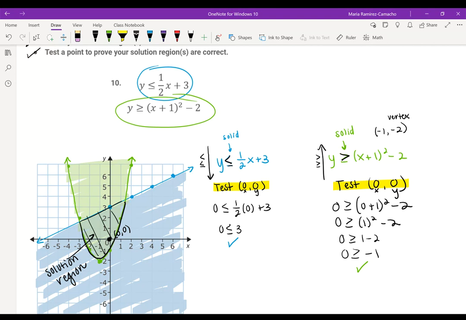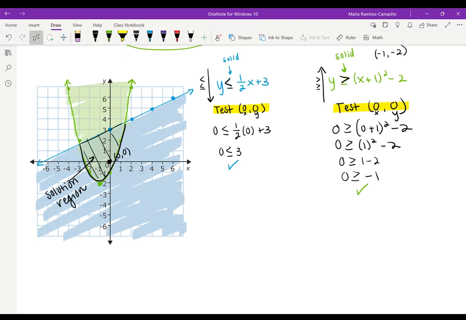So there's no harm in doing that. Just for another point, I'm going to pick the point 1, 0, or excuse me, 0, 1. And since it's in the solution region, what I want to see is that it makes both inequalities true. So let's just do that very quickly.